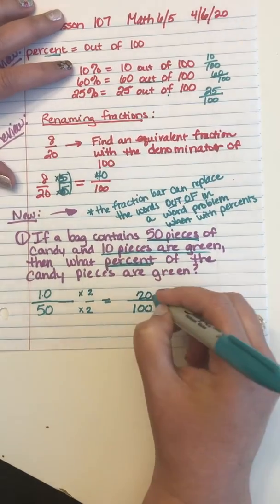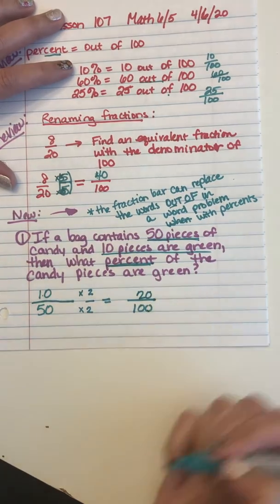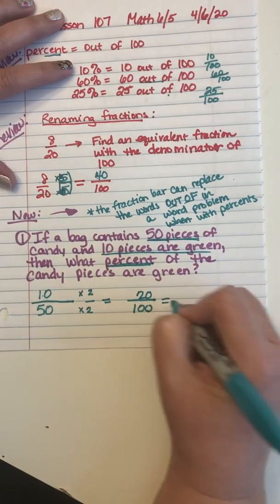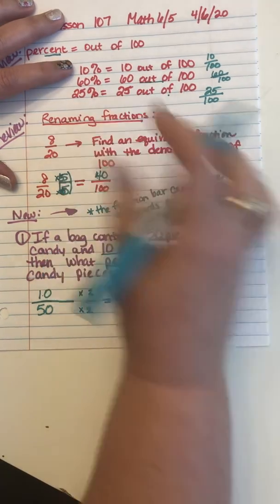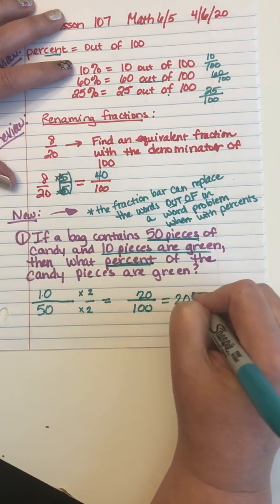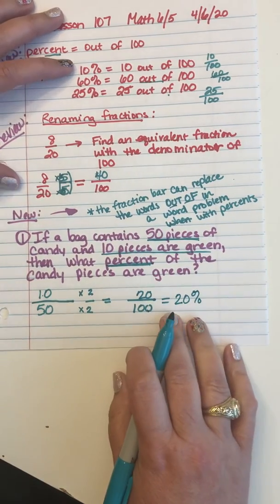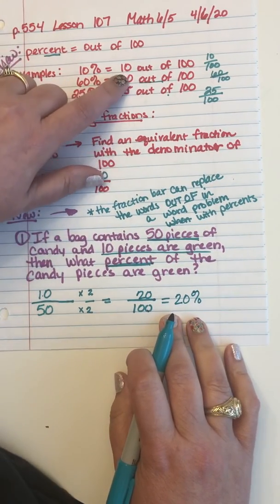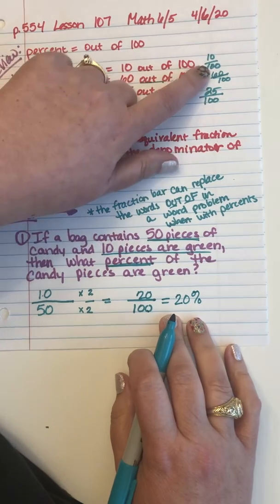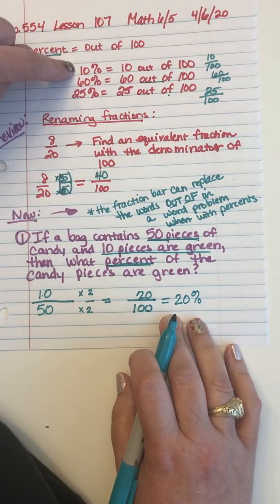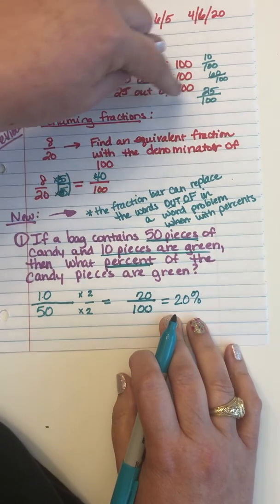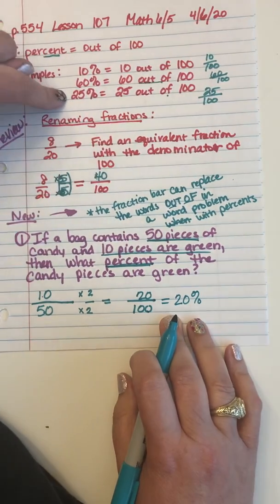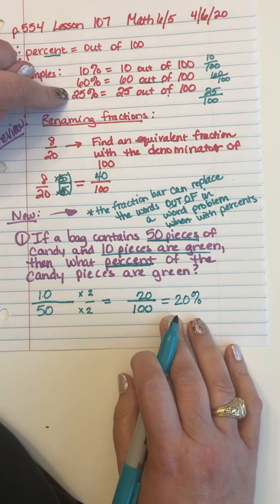Now, 20 out of 100 is the same as 20%, in the same way that 10 out of 100 equaled 10%, 60 out of 100 was 60%, and 25 out of 100 was 25%.